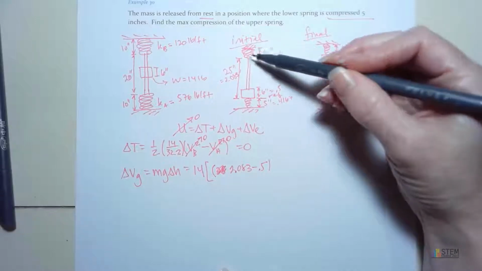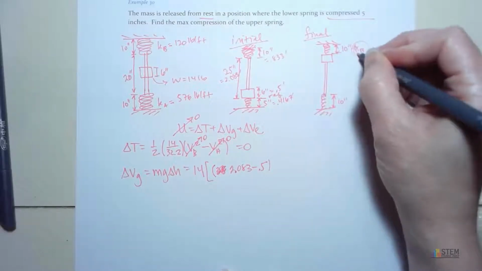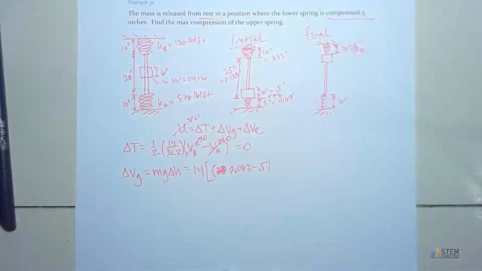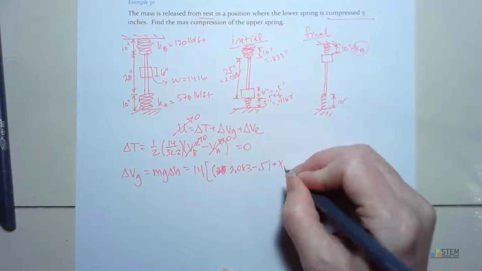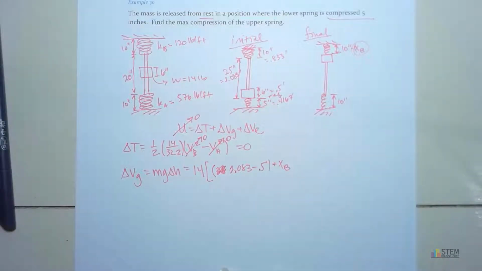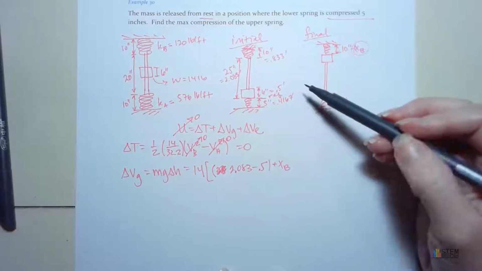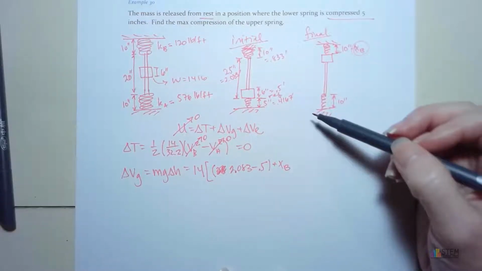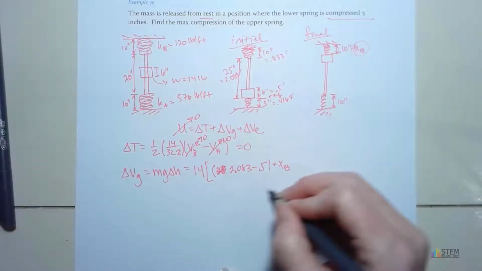And now I need to know how far up we went, because I traveled this max compression length. So I need to have plus xb. Does that make sense? All right, so now we've got that, and that is going to be your final one.